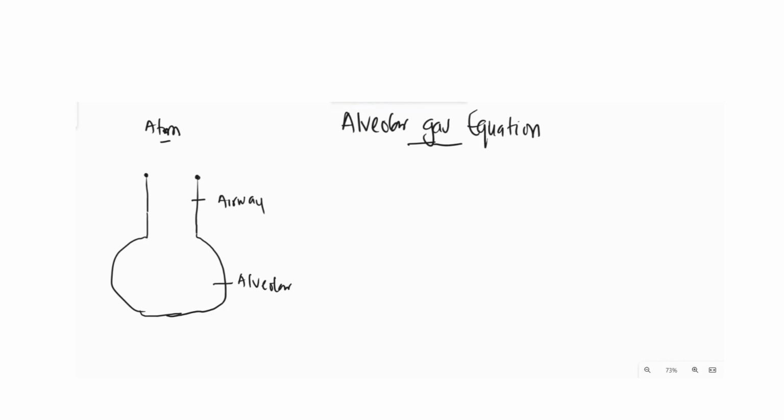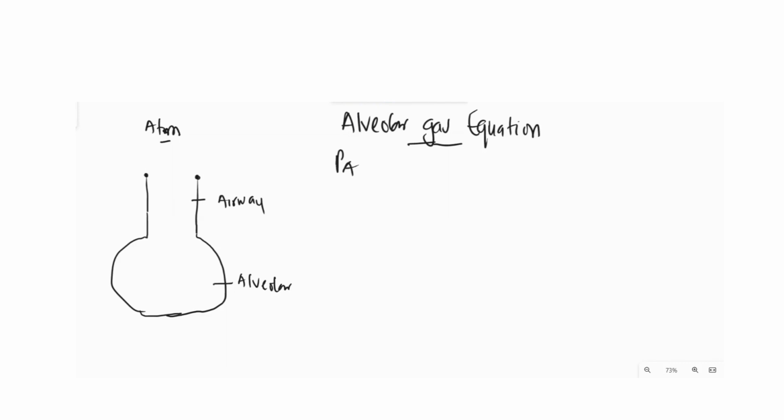The alveolar gas equation is an equation that we use to indirectly estimate the partial pressure of oxygen inside the alveolar.